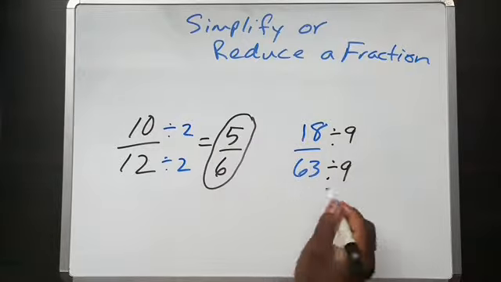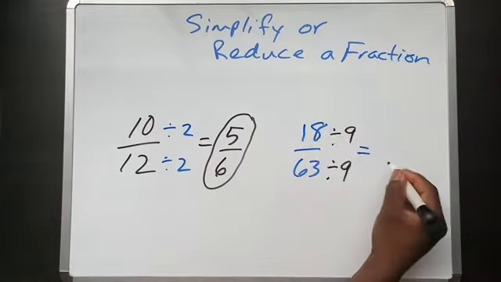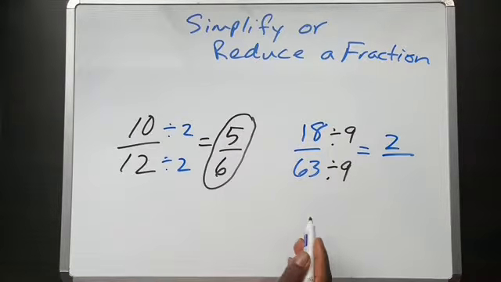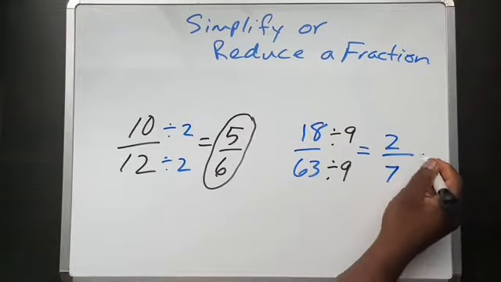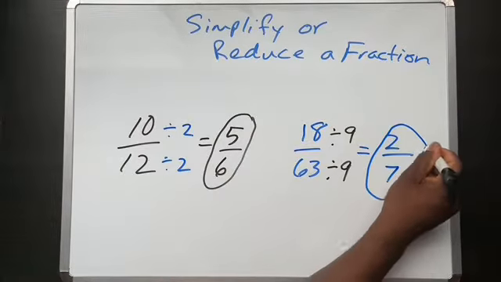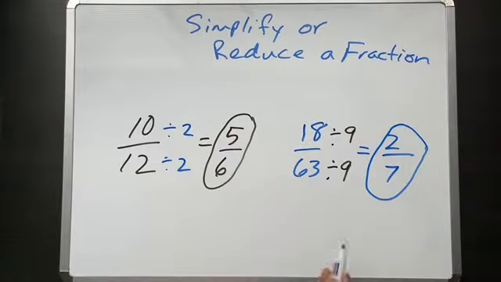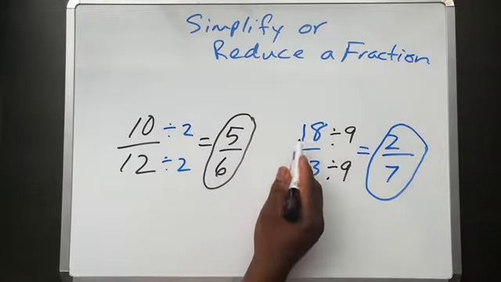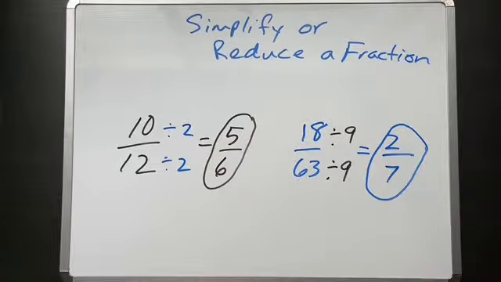So 18 divided by 9 will give us 2. And 63 divided by 9 will give us 7. So there we go. This 2 over 7 is the simplified or reduced form of 18 over 63.